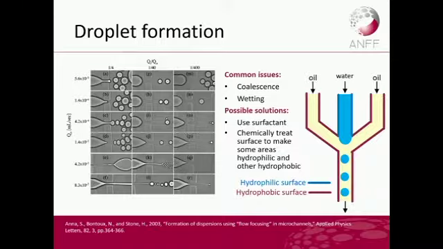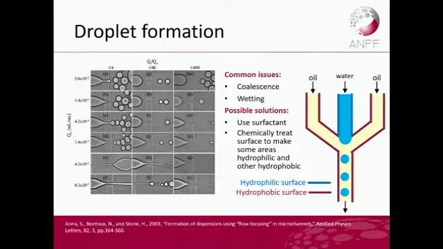Now, the common issues with droplet formation, there are two main issues. One is coalescence, where the droplets downstream actually see each other, and then they form together. They break the surface tension, and then they just become one big blob, say. And there's wetting.